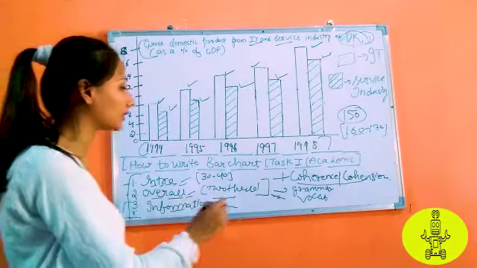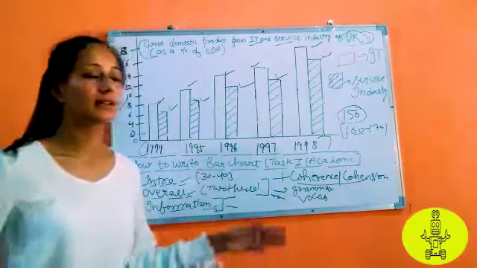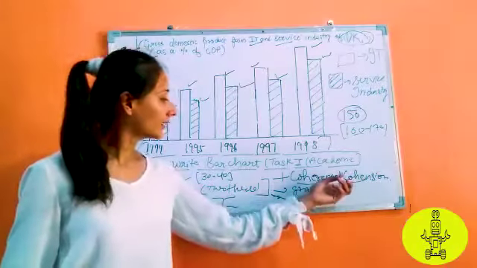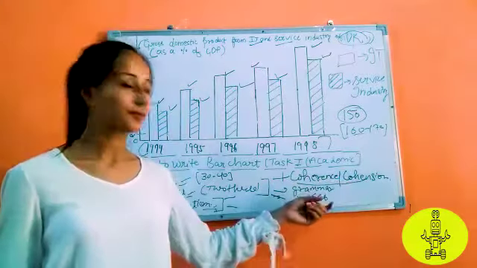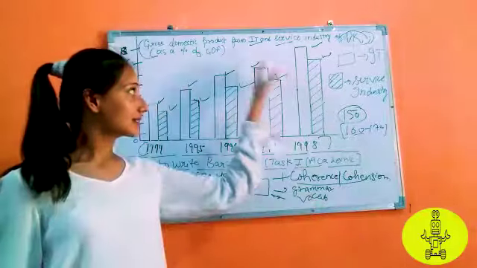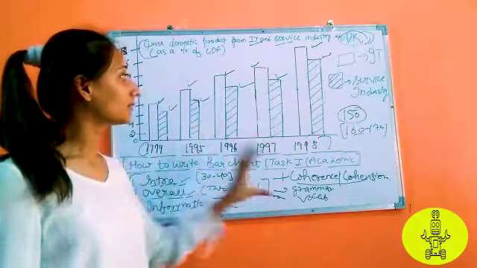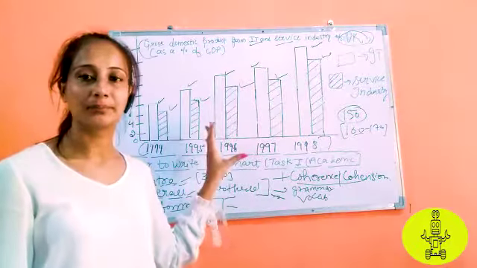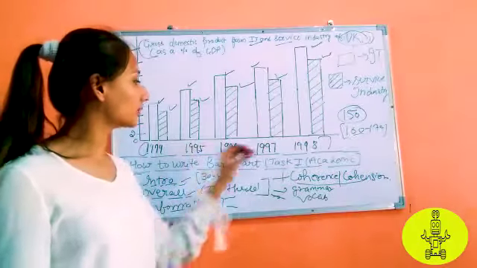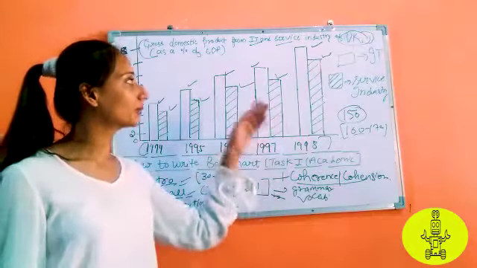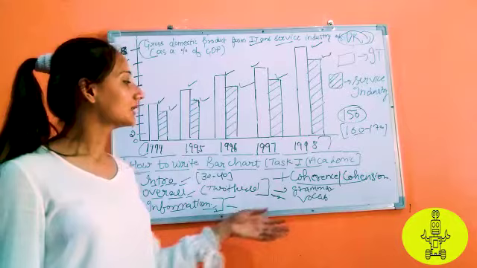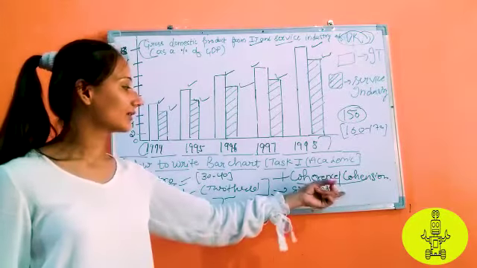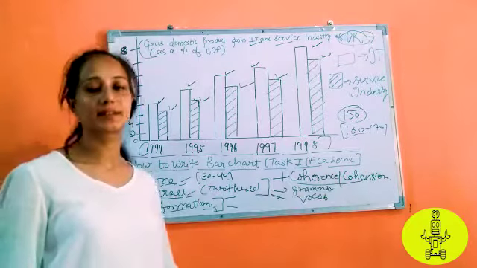First is the intro, then the overall. Then you need to be grammatically correct, and the fourth one is vocab. We write this task in a formal style, so we need to use more formal vocab here. So you need to cover your vocab, your grammar, and then coherence and cohesion.